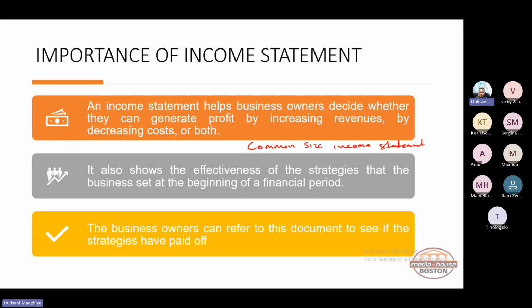With the common size, everything is placed in percentage. Our revenue is considered to be 100%, and then everything is placed against the revenue to see how much each and every line item on the income statement contributed towards the revenue that we generated. I'll also explain this during one of the activities that we are going to perform.